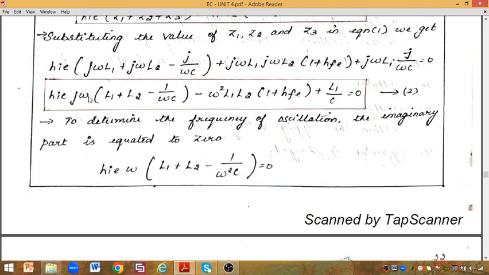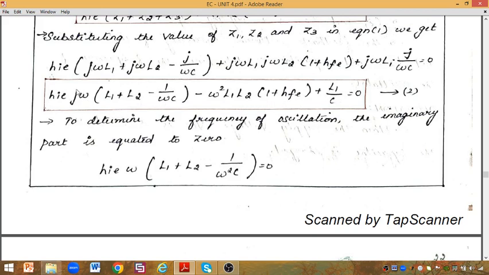So we have to substitute Z1, Z2 and Z3 in equation 1, and we can find the equation. You just take j omega as common, and here j into j becomes j square, which becomes minus 1. Once you get this equation, to determine the frequency of oscillation we have to equate the imaginary part to 0. So this is your imaginary part and these are your real part.